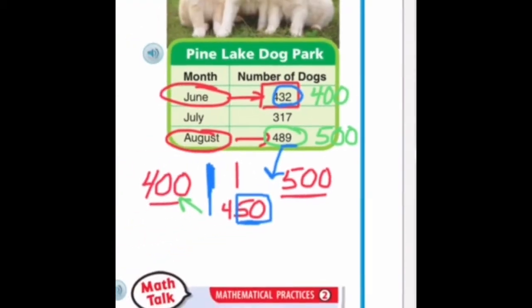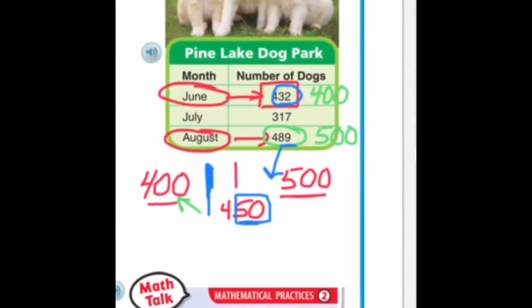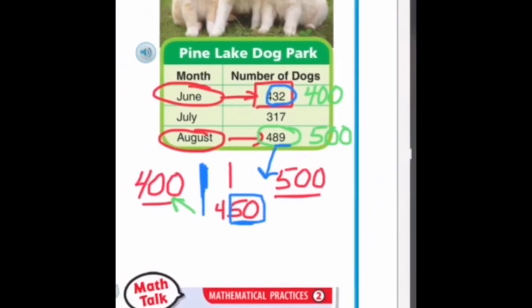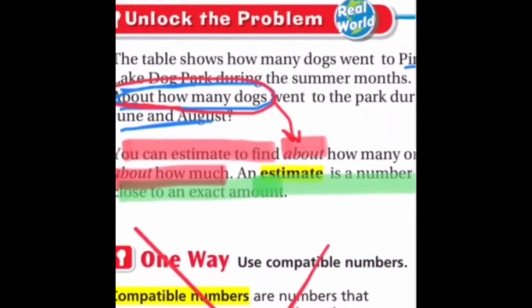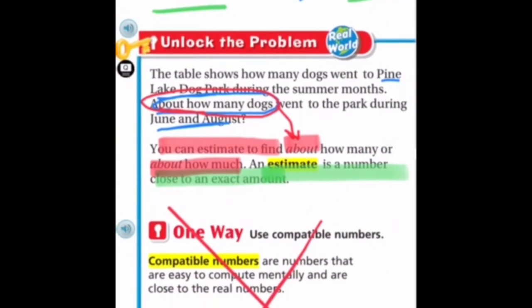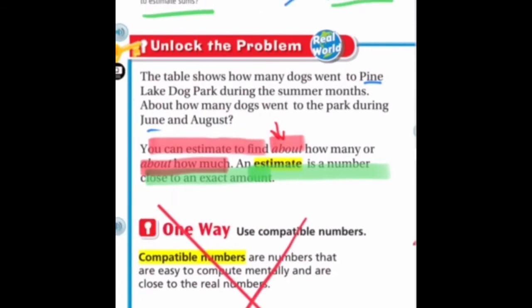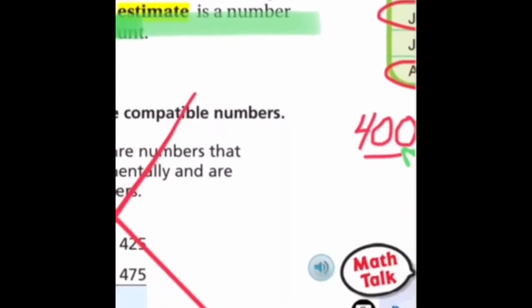All right, so we have our two numbers that we rounded for June and August, 400 and 500. The question was, if we come back up here, let me erase just a moment. The question then stated, about how many dogs went to the park during June and August? Well, June was about 400 and August was about 500.